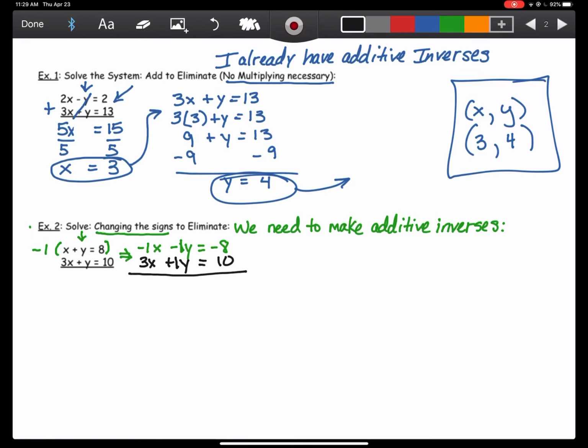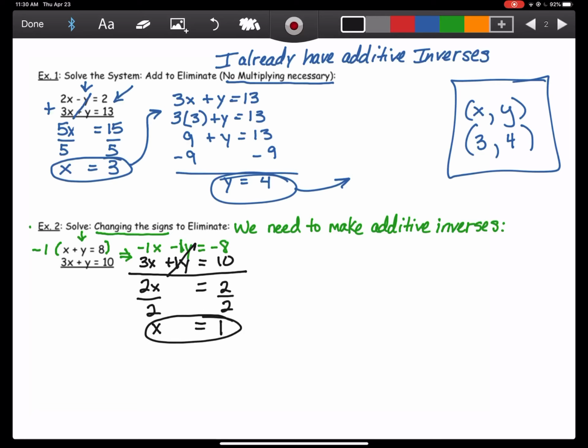So I'm going to go -1x plus 3x is 2x. -1y plus 1y is eliminated. Equal sign comes down. -8 and +10 make +2. Thinking ahead, I need to divide both sides by 2, but I know my answer is going to be 1. So I divide both sides by 2 and I get x equals 1. That's part of my answer.